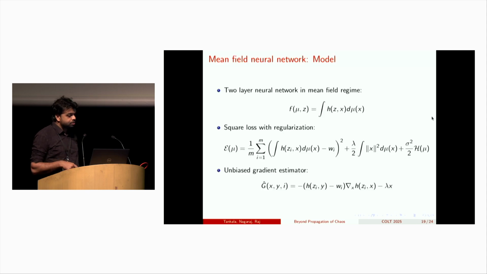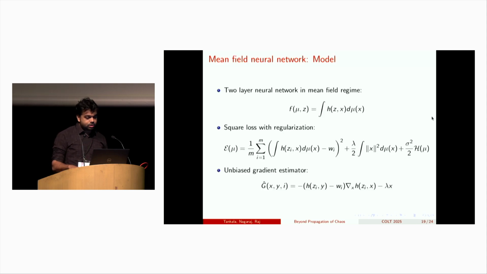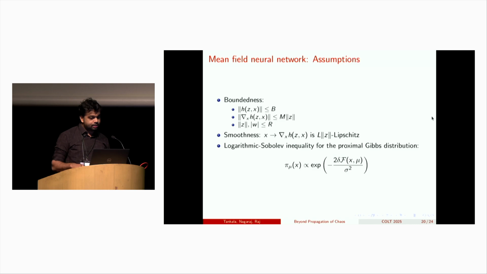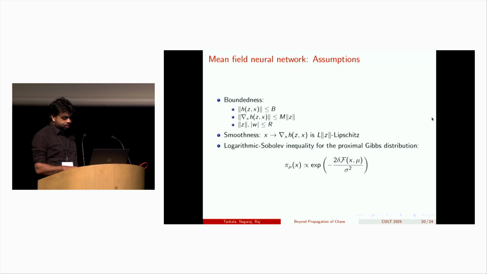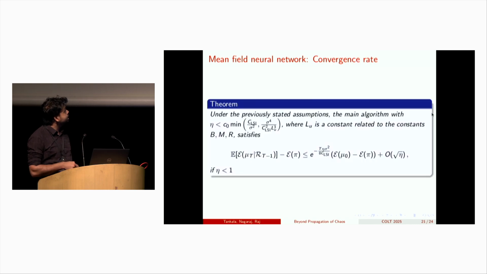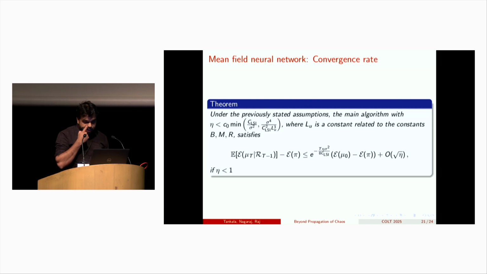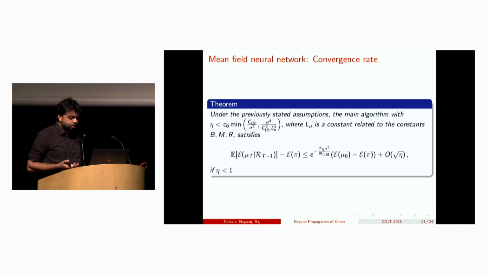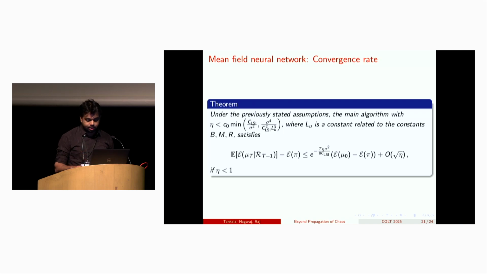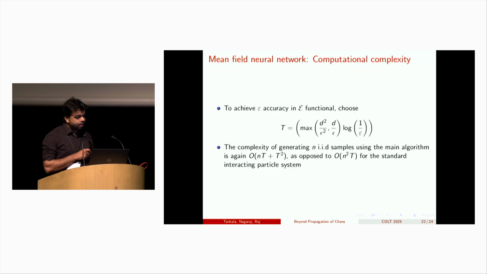And similar results we also obtain for the mean field neural network model. That says you again have one exponentially decaying term, and then these errors that occur due to other sorts of error: stochastic error, linearization error, and discretization error.